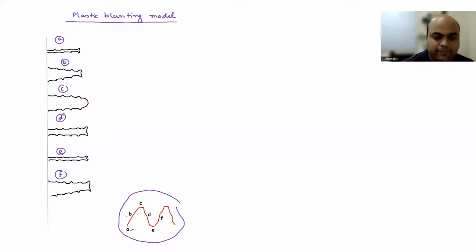C is at maximum load. A and B are during loading. If I have a fatigue cycle like this, this is loading and this is unloading. And this point is your maximum load, which is point C here.